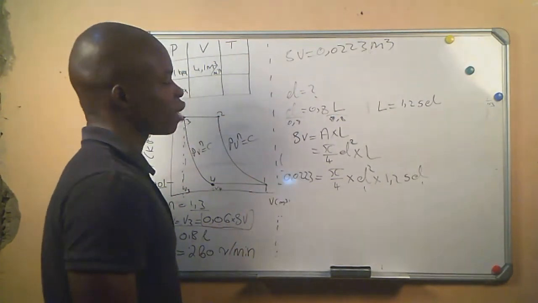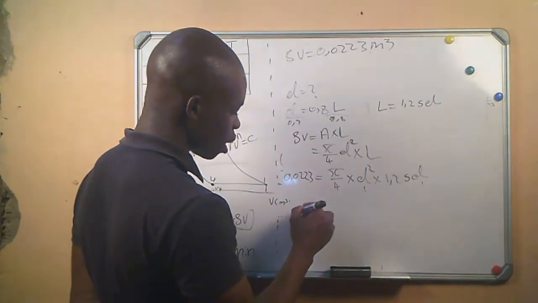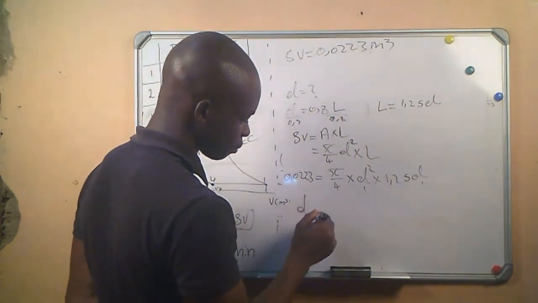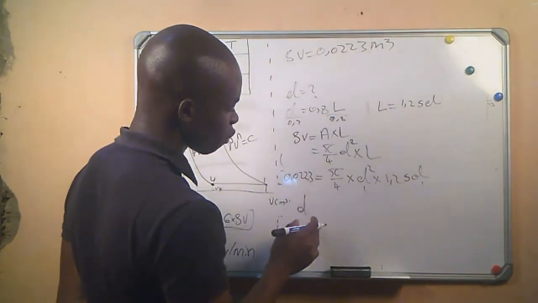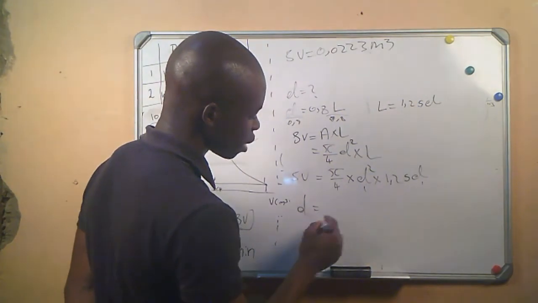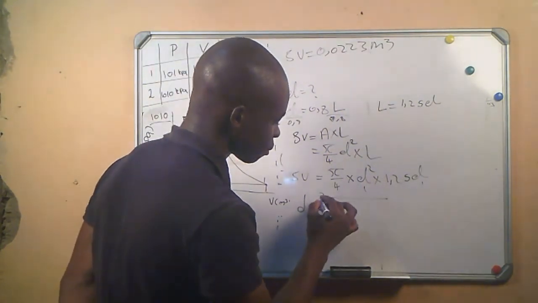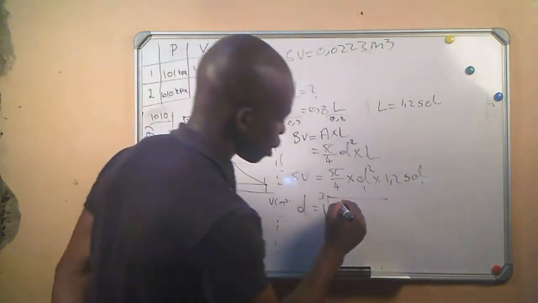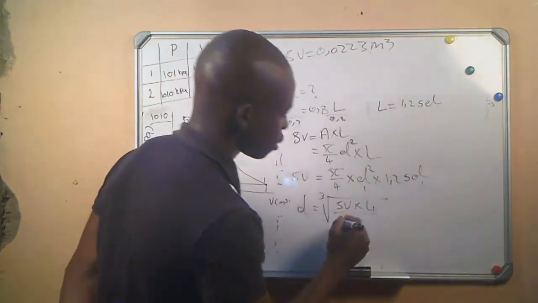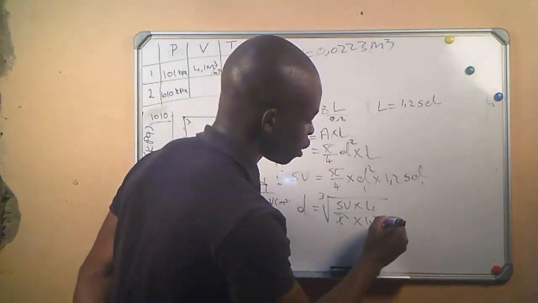So we simplify, let's put SV first and then make the diameter the subject of the formula. We will get something like this: SV times 4, over pi times 1.25.